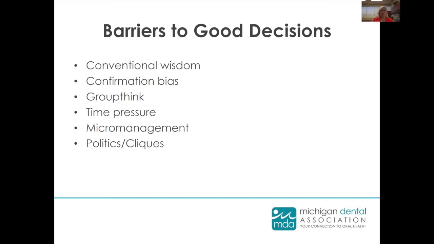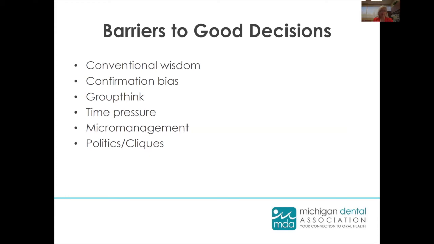Groupthink is another thing where you're having such a great time as a committee and you're all really clicking along really well, so you have a tendency to put agreeing with each other over and above bringing up difficult subjects. Time pressure is a big barrier to good decision making, because if you've only got so long and you maybe don't have all the facts that you would like to have, you're under pressure to decide anyway.